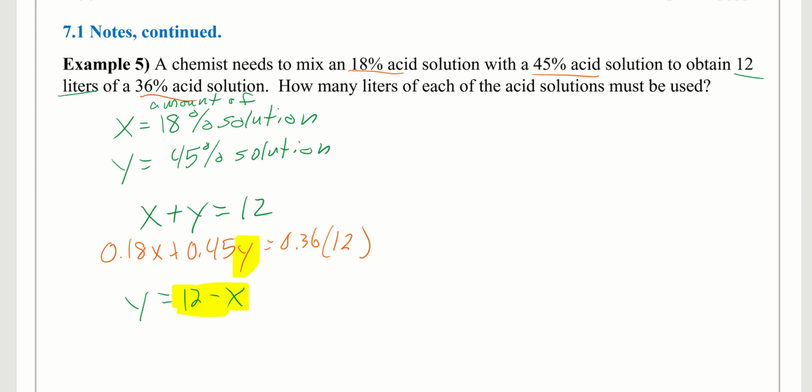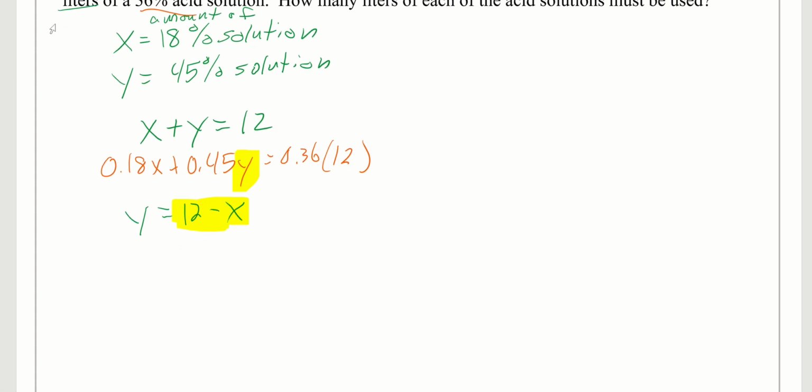You could totally do elimination if you wanted, or you could have solved for x first. There's a bunch of different options you could have. So this is 0.18x plus 0.45 times y, which is 12 minus x. And then now we can multiply these two together, and that gives you 4.32. That's just multiplying those two together.